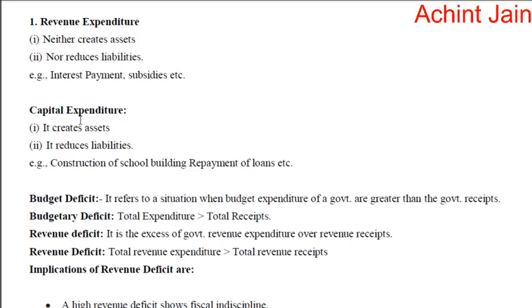It covers various general, social and economic services provided by the government. For example, expenditure as a relief to the earthquake victims. Overall, we can simply say, capital expenditure creates assets and it reduces liabilities. Here is one simple example for you: construction of a school building, repayment of loans, etc.